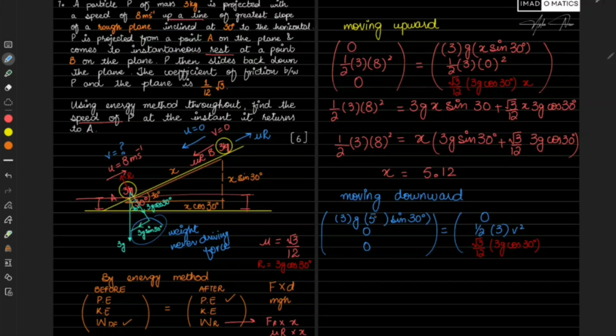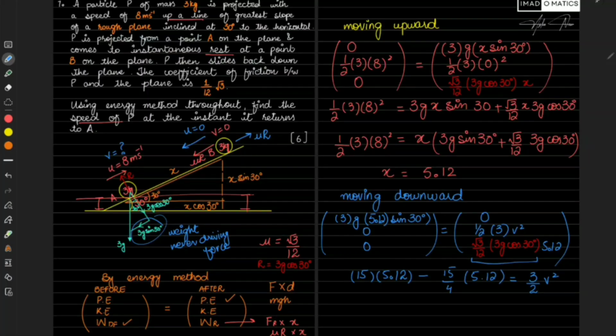So let's substitute the value of x everywhere. It is 5.12 and 5.12. So it comes out to be 15 times 5.12 minus this whole, that gives you 15 over 4. This whole calculation gives you 15 divided by 4 times 5.12 equals 3 by 2 v square.